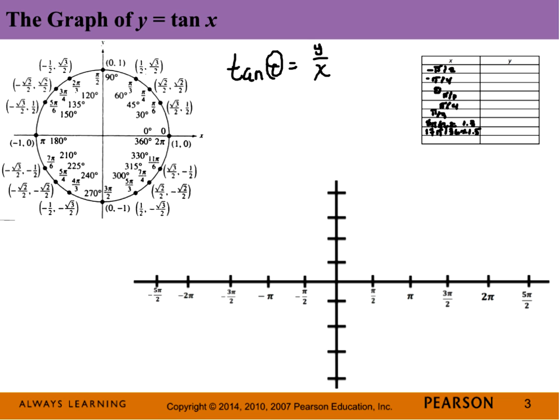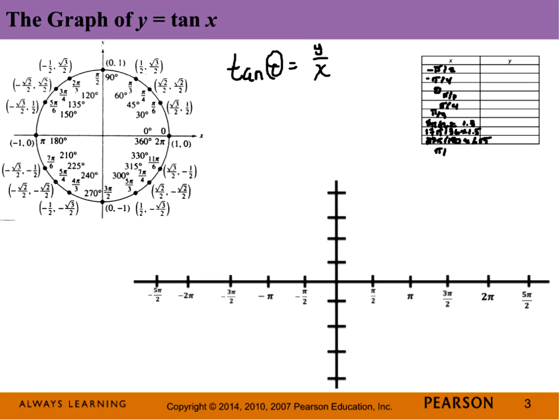And then I also chose 89 pi over 180. And I have to admit, I didn't just pull those values out of the air. Your book suggested these. And this is approximately 1.55. And then I did one more value.